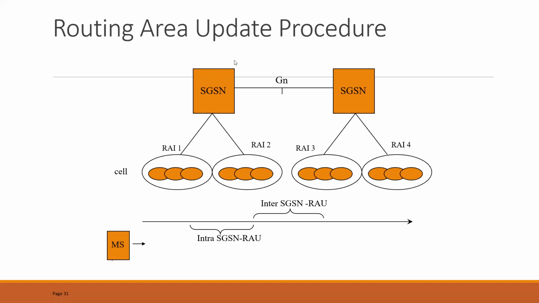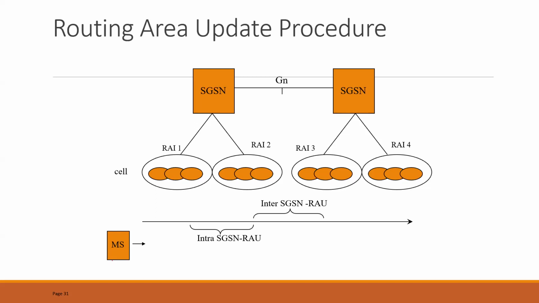Yes. Is the routing area identity a combination of some tags, or is it just a simple number that is assigned? Routing area ID is MNC plus MCC plus routing area ID. So when you have a routing area ID, for example if you're working in Jazz, it's 41001, and then there is going to be a number.